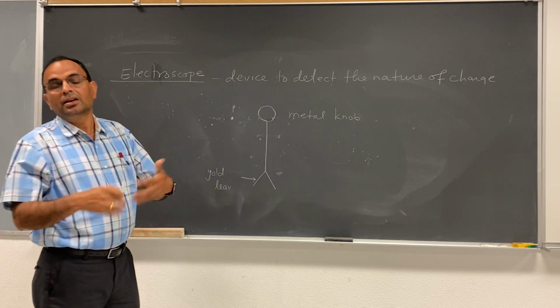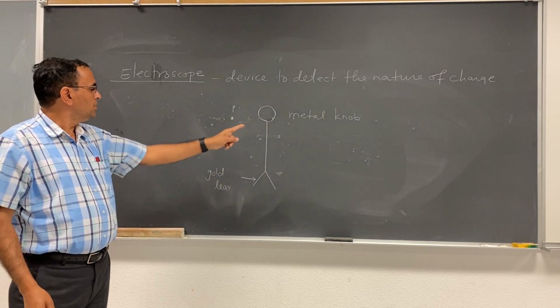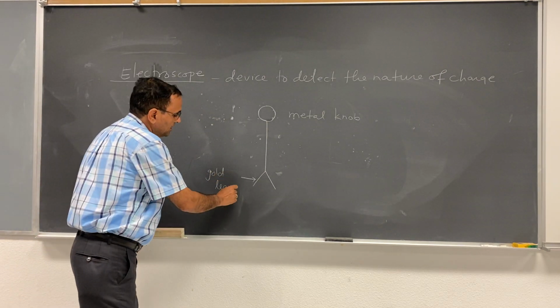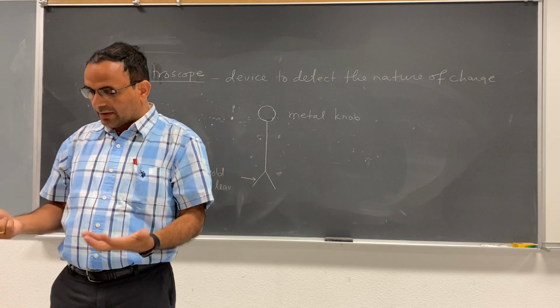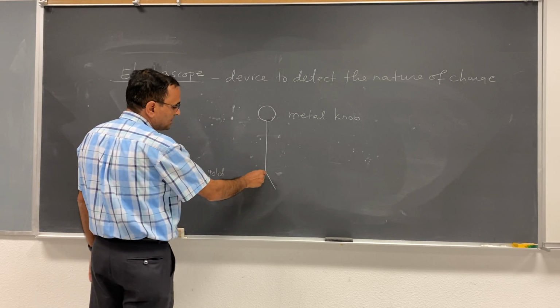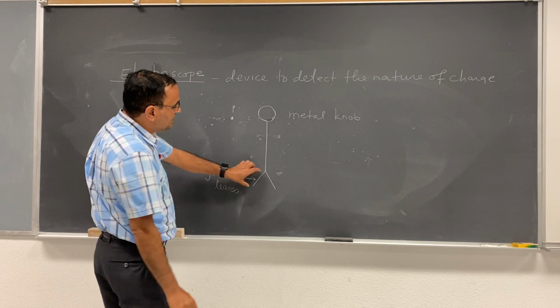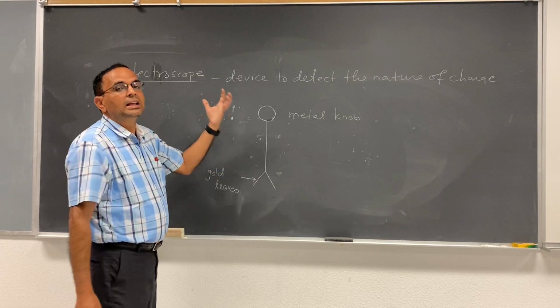Gold leaf electroscope. Okay, so a metal knob, and you have these gold leaves. So we call it the gold leaf electroscope. These two, this and this, are the gold leaves.